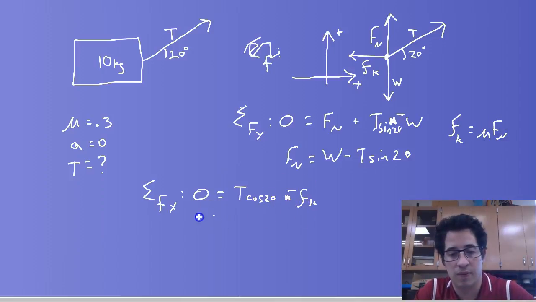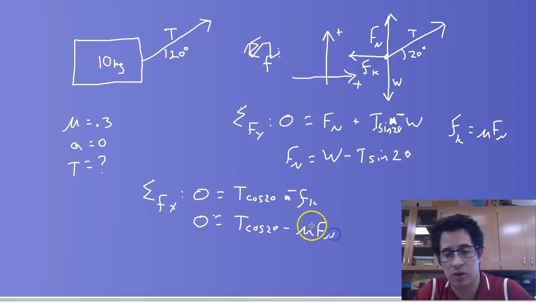So we can say 0 equals T times cosine of 20 minus mu times the normal force. And we know that this is equal to the normal force. So we can say 0 equals T cosine of 20 minus mu, parentheses, W minus T sine 20.